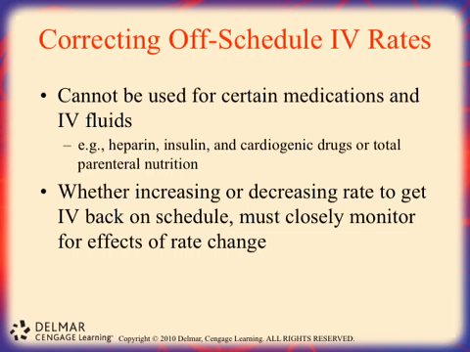As I mentioned before, there'd be certain medications and IV fluids that you would not want to increase the rate. Some of them are listed here. And then whether you're increasing or decreasing a rate to get the IV back on schedule, you want to closely monitor the patient for effects of the rate change.